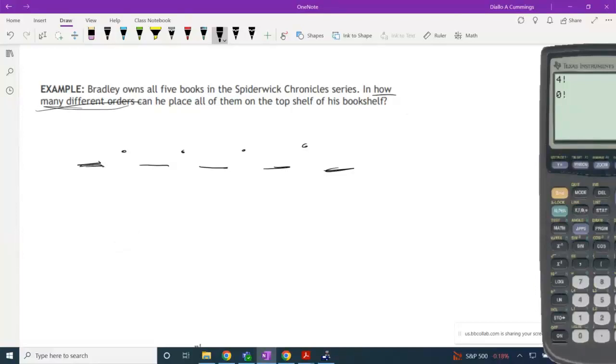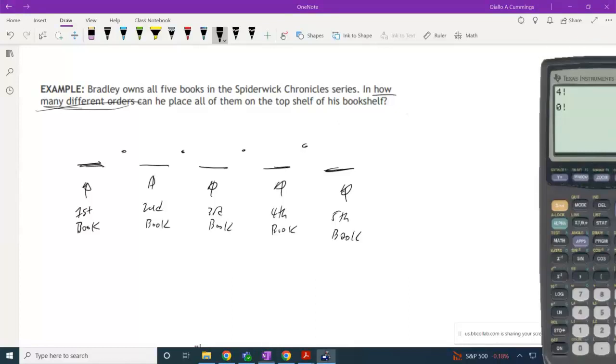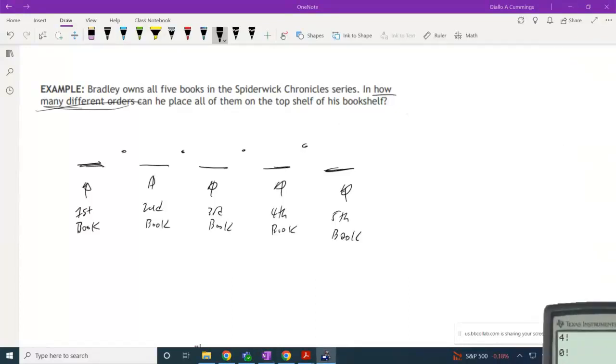So we're going to learn something else about how many different orders, but for now we're looking at this fundamental counting principle. So for the first outcome, that's the first book on the shelf. The second outcome is the second book on the shelf. Then the third book, the fourth book, and then the fifth book, right? Okay, so we're kind of mapping that out using the fundamental counting principle.